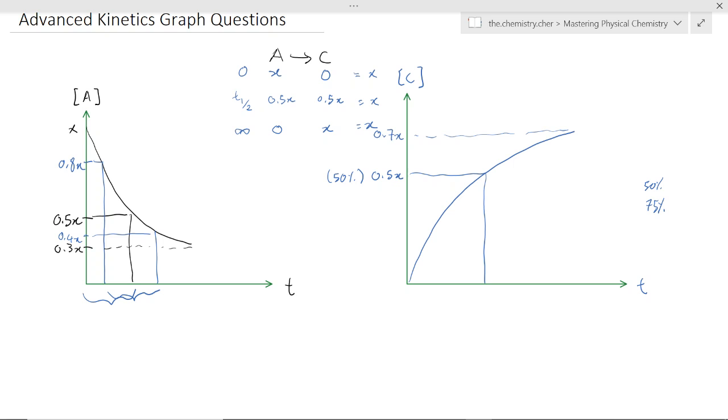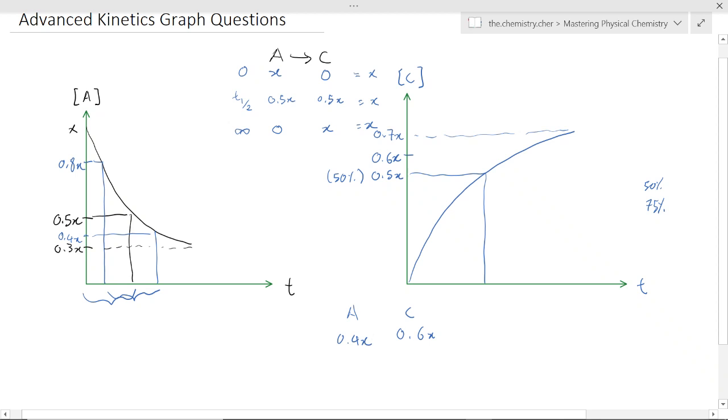So let's take a look over here. Let's say, for example, I choose a value of 0.6x. What this means is that if 0.6x is my product, A will be 0.4x.